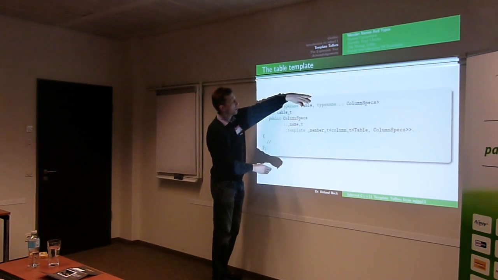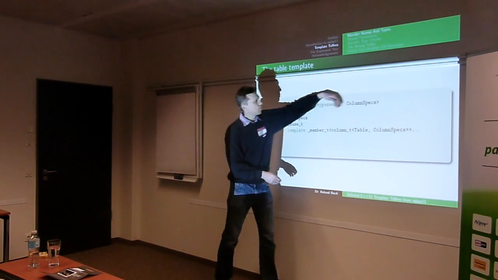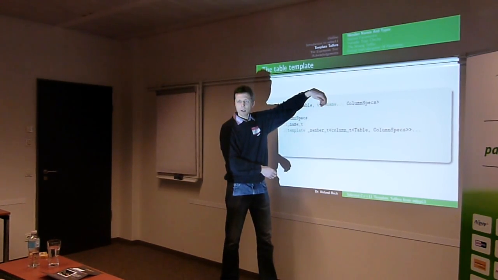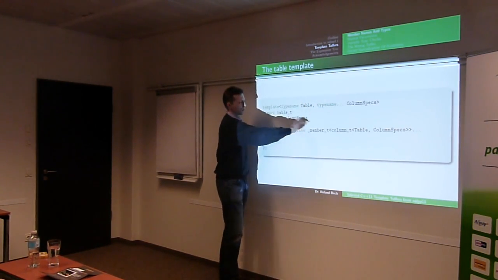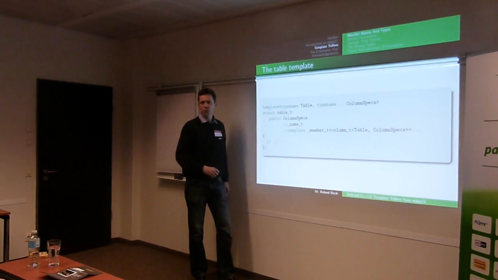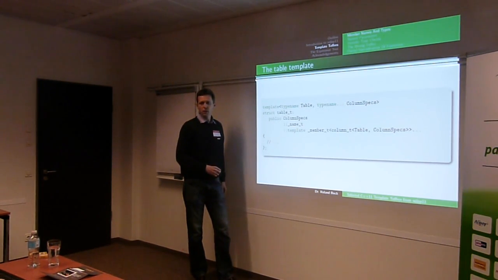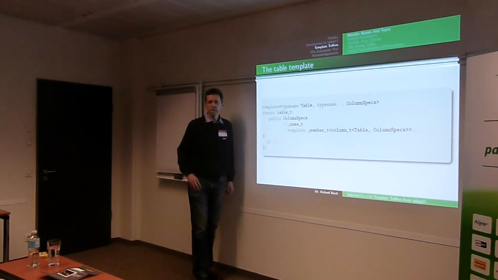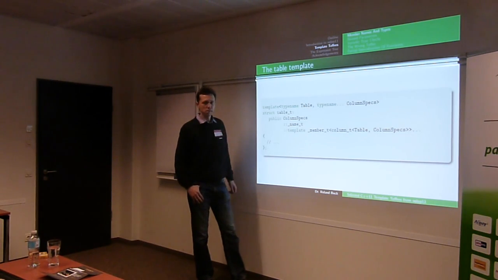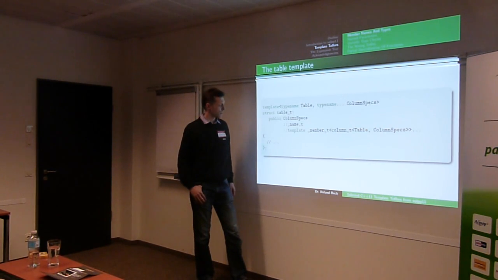And this table thing here is not part of the variadic arguments, so we just hand it through to the others. So this means table T is derived from member T, from this meta class.